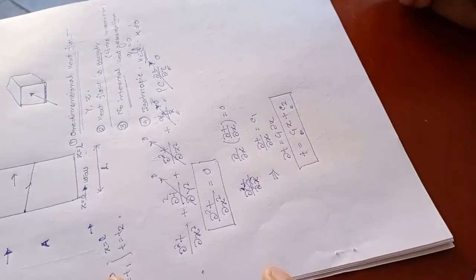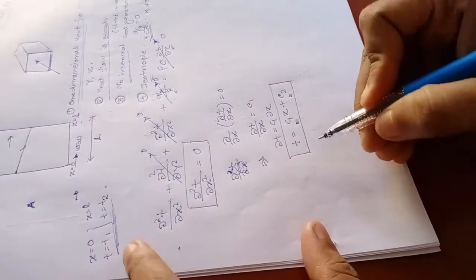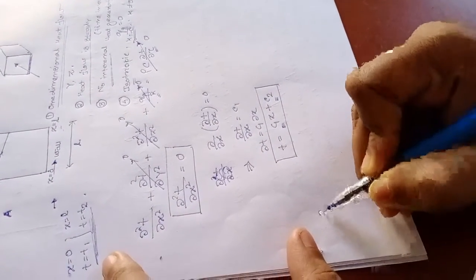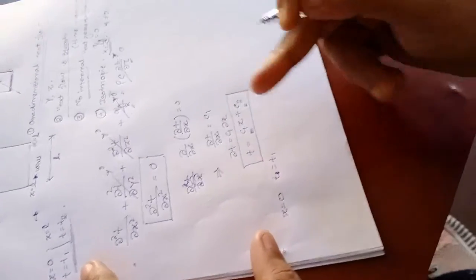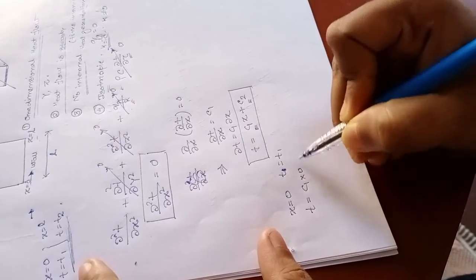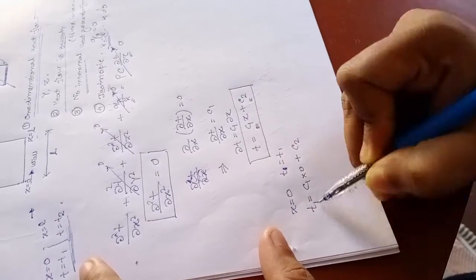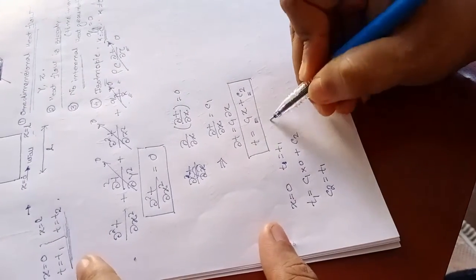Now we have to find out the value of C1 and C2. So how will we find out C1 and C2? We'll put these two boundary conditions. When x is equal to 0, T is equal to T1. So I can say T is equal to C1 into 0 plus C2, so C2 is coming as T1.